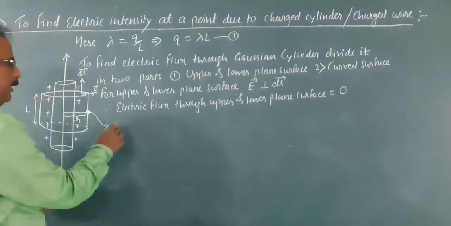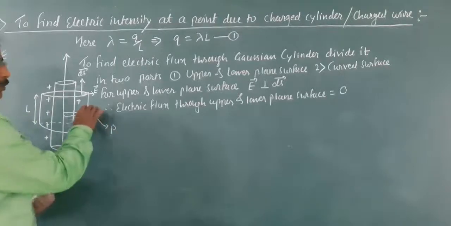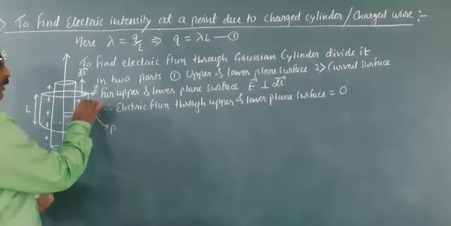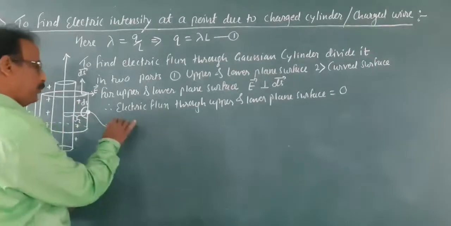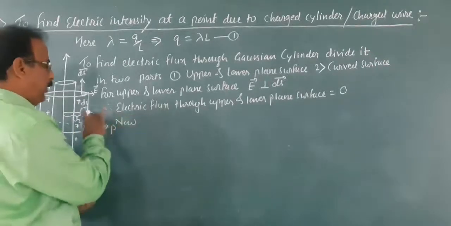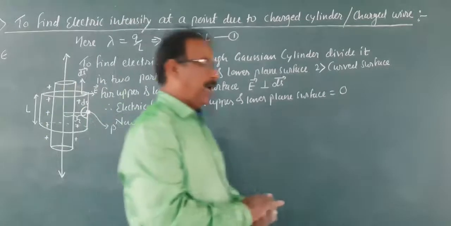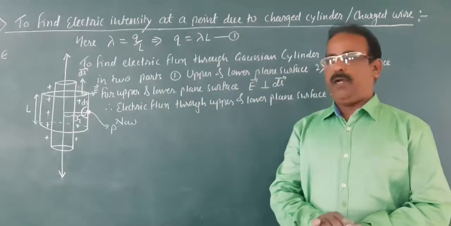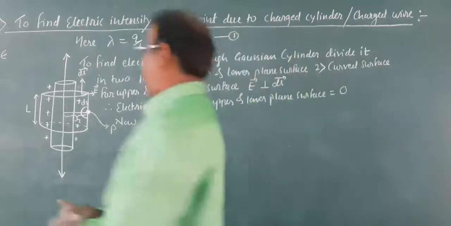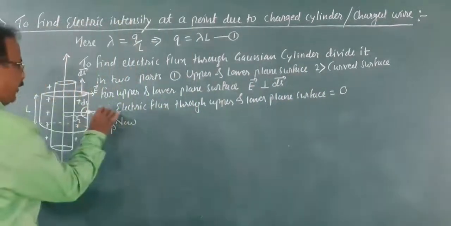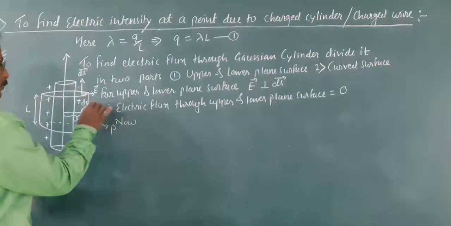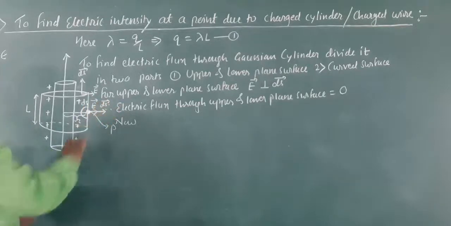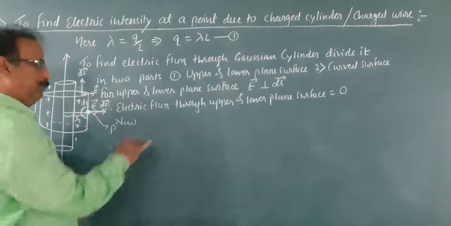Now to find the electric flux through the curved surface, take a small area element ds surrounding the point P. First write down the electric flux through this ds area. See the directions of the intensity vector and area vector. Here also the intensity vector and area vector both come along the radius.